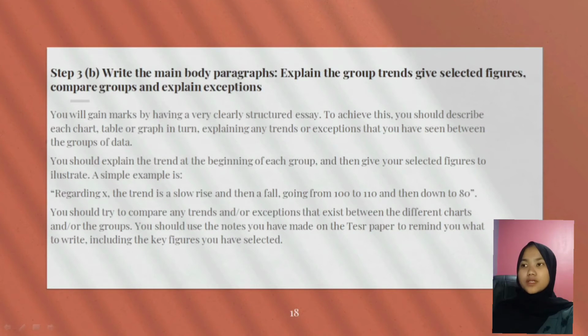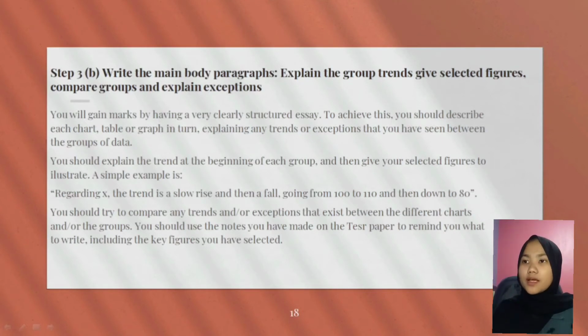To achieve this, you should describe each chart, table, or graph in turn, explaining any trend or exception that you have seen between the groups of data. You should explain the trend at the beginning of each group, and then give your selected figures to illustrate.